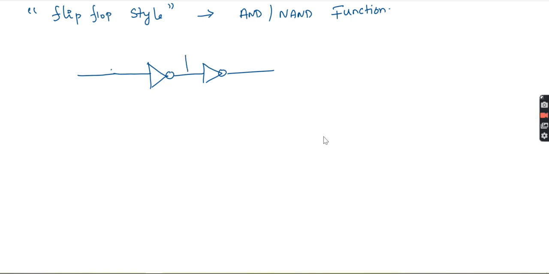The first inverter output is AB bar. This inverter output is AB. Then here I will draw the diagram.